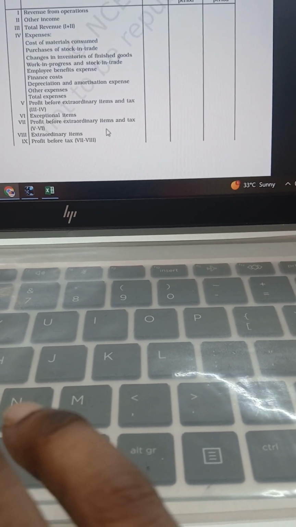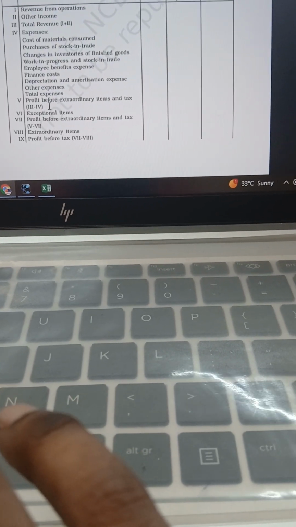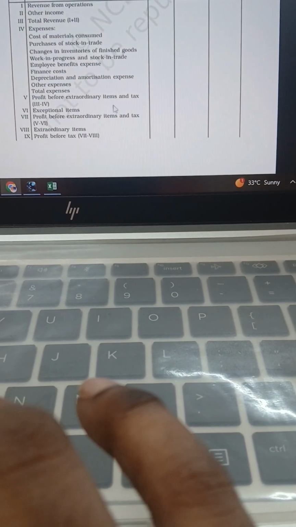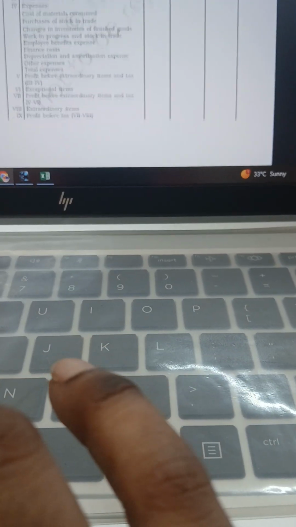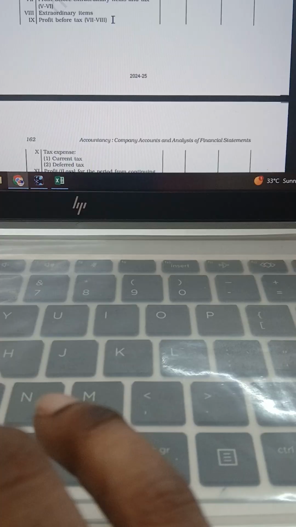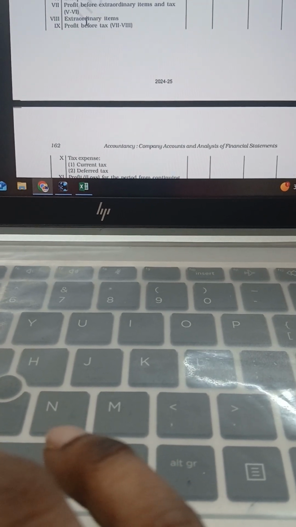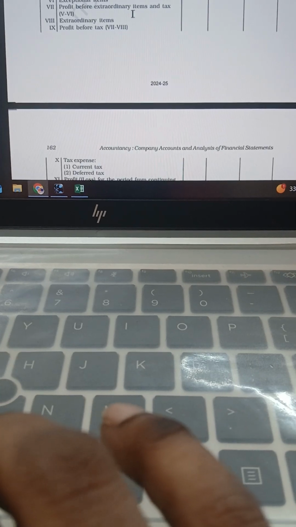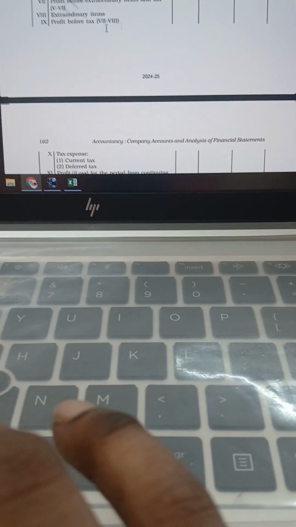Then profit before extraordinary items and tax, that is profit before exceptional items minus exceptional items. Then extraordinary items, and profit before tax, that is profit before extraordinary items and tax minus extraordinary items.